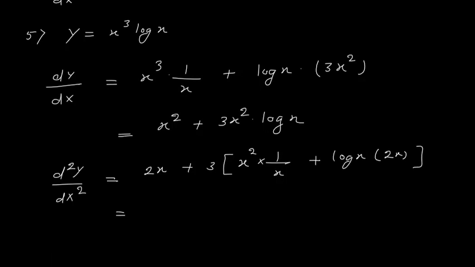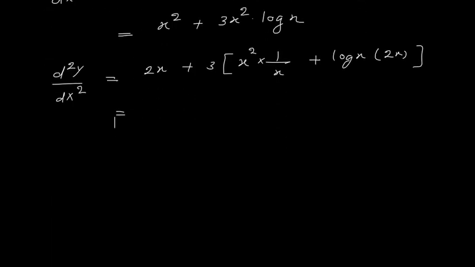So we get d square y upon dx square as 2x plus, now this 1x will cancel, and I have 3 times x plus 2x into log x.